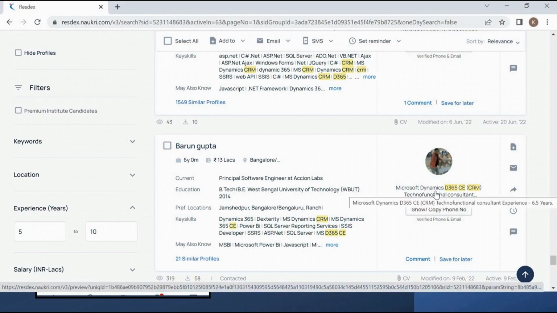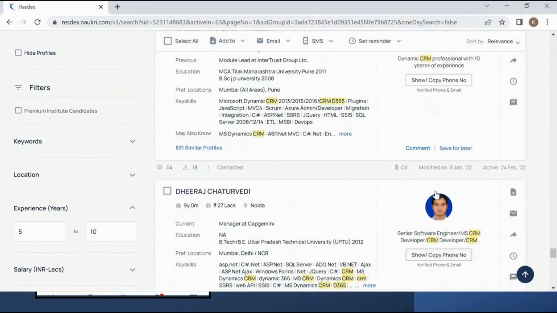If this candidate has 80% hands-on experience in the technical side and 20% in the functional side, then this person is also suitable as per my job requirement. So his recent experience should be in the technical line only. So somewhere this resume is also acceptable. This is a developer.